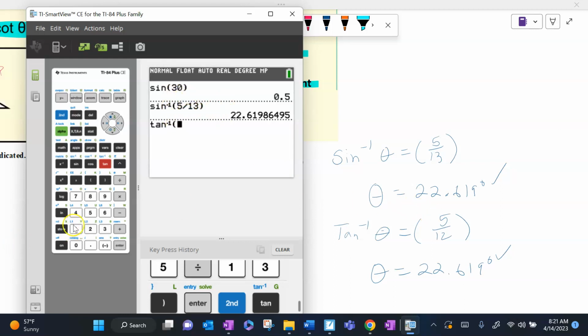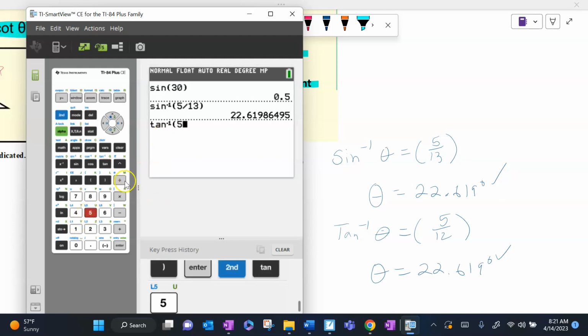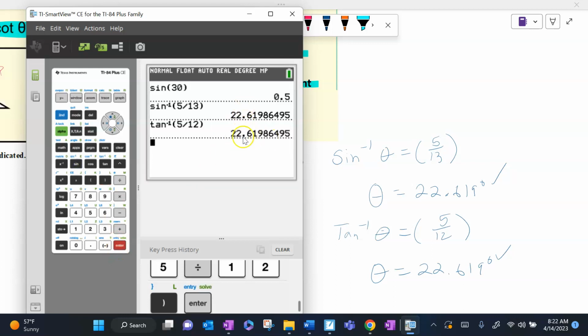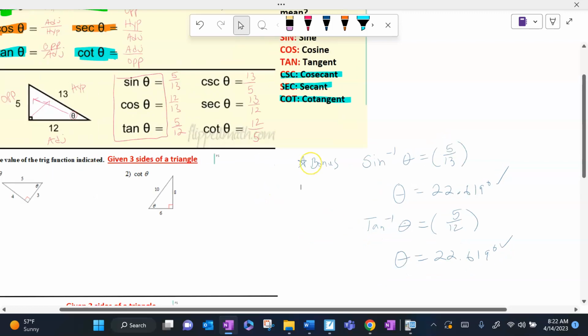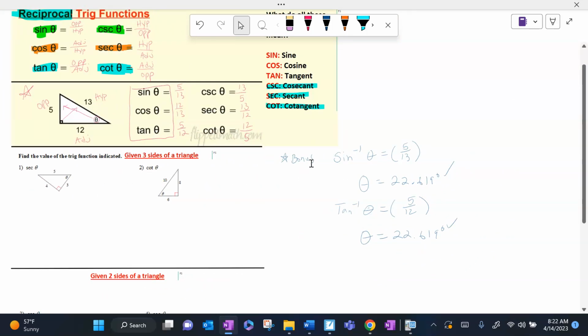In this case, the tangent relationship is 5 to 12. Then it should spit out the angle, and notice it's the same angle. Since we're talking about the same reference angle, the same theta in this picture, we should get the same answer. So once you know the trig ratios, you can solve for the missing angle as well as any missing sides if there happen to be any.